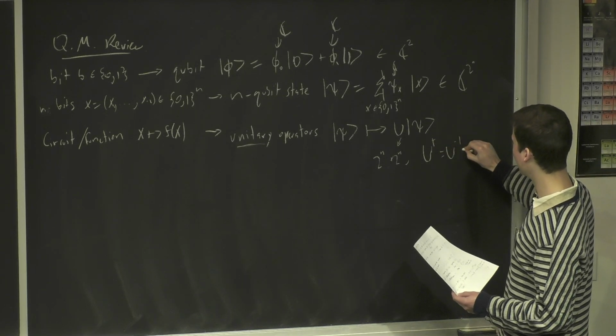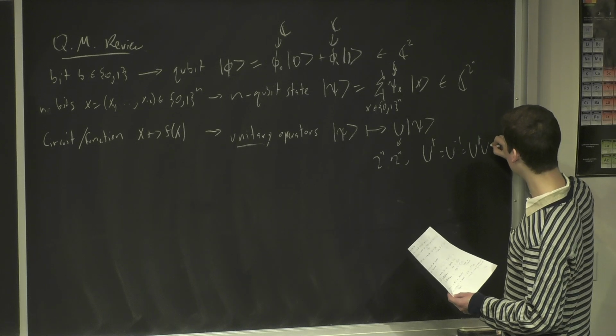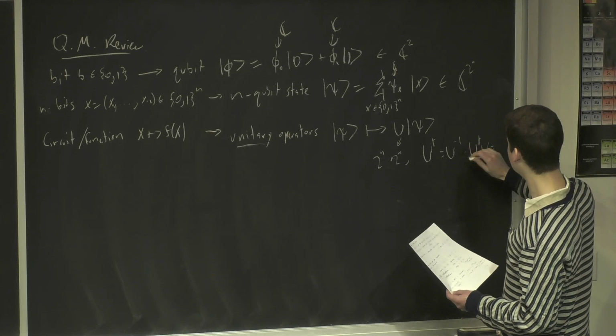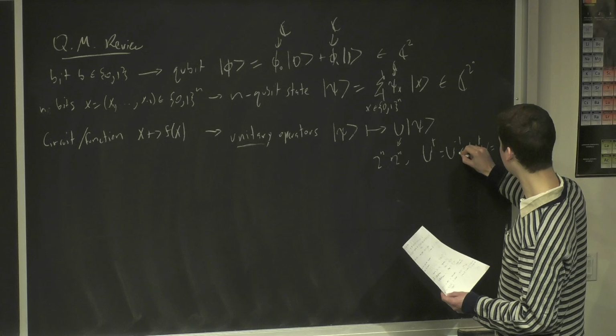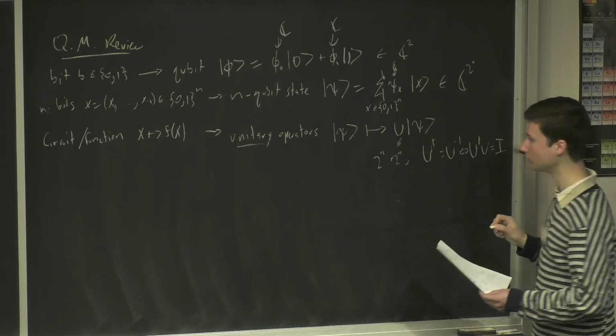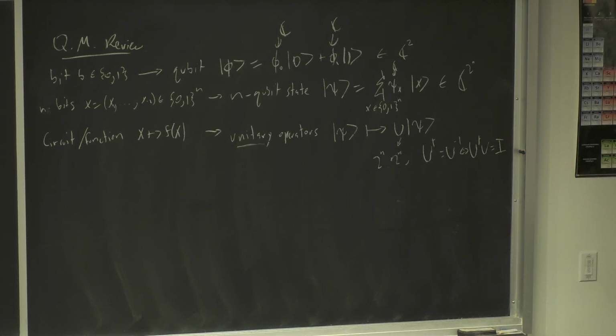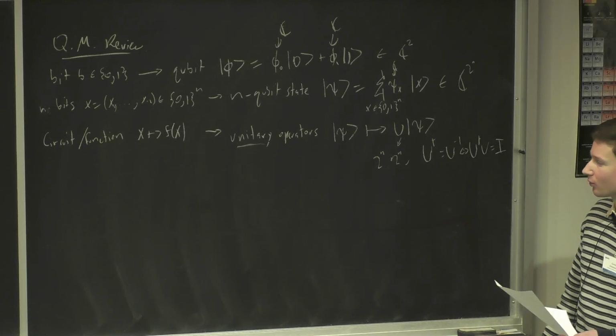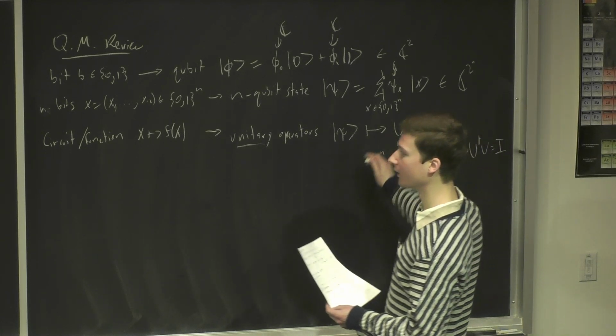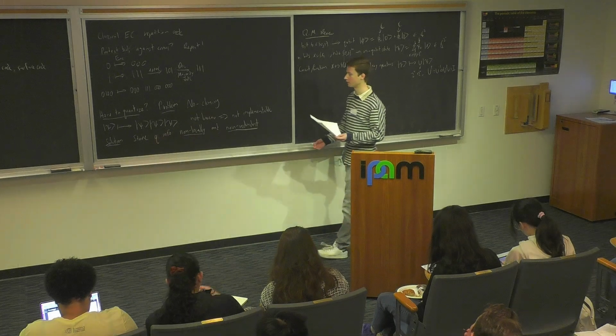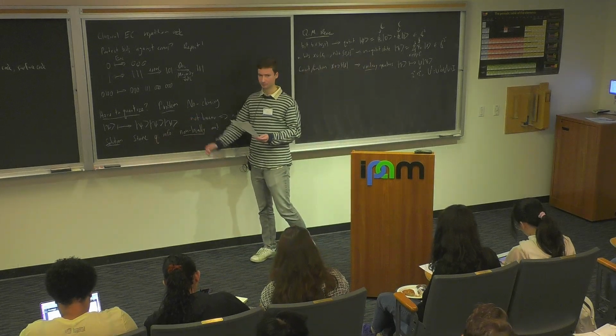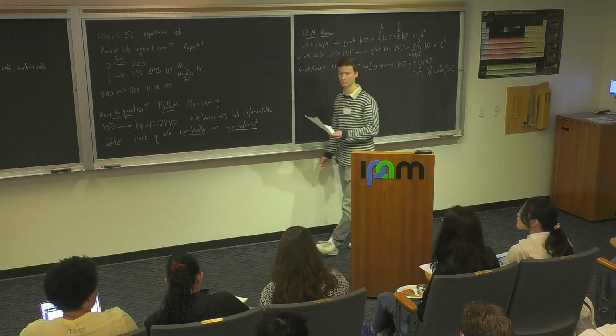Or equivalently, u dagger u equals the identity. And so when I mentioned we can't clone a quantum state, I'm saying there's no unitary operator. In particular, there's not even a linear operator that performs this cloning map.